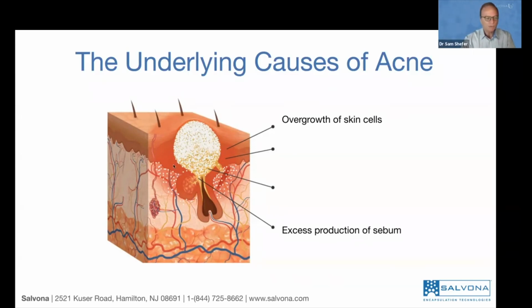Now this sebum under anaerobic conditions encourages the growth of the P. acne, the bacteria causing the acne pimple. The bacteria start to colonize and grow. In addition to this, we have some dead skin and dead bacteria that intensify what we call the pimple.